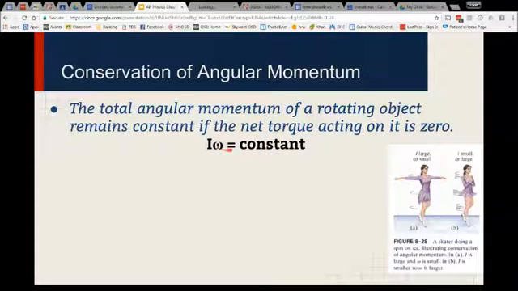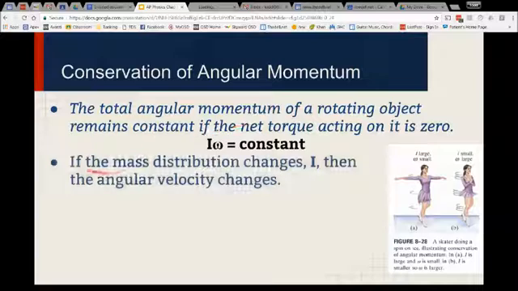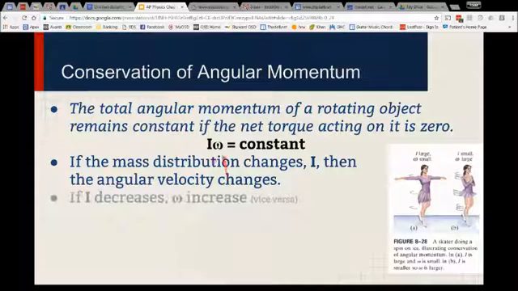So that means it does not change. If the mass distribution changes, that's I, then the angular velocity changes. So if we have the beginning I omega equal to the ending I omega, and something changes, then the other one has to change also. If I decreases, then omega increases, and vice versa.